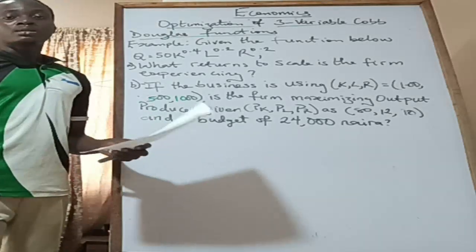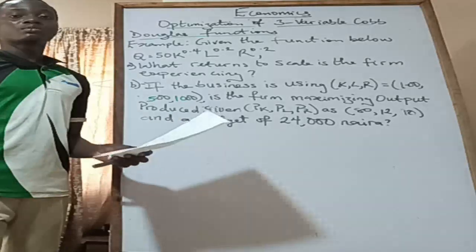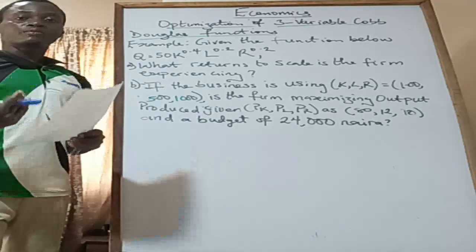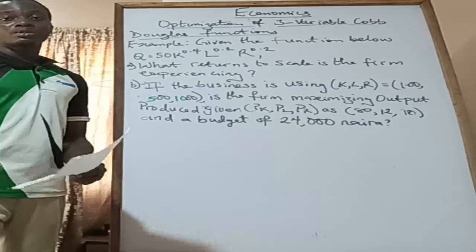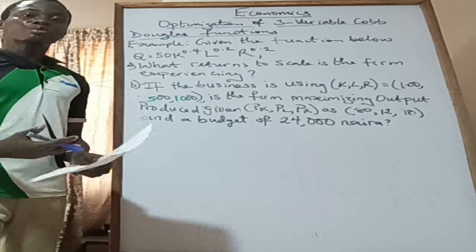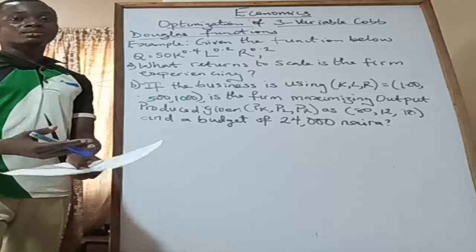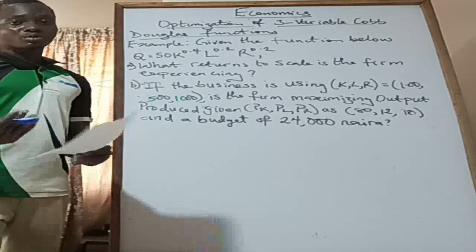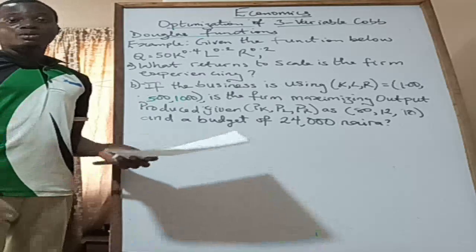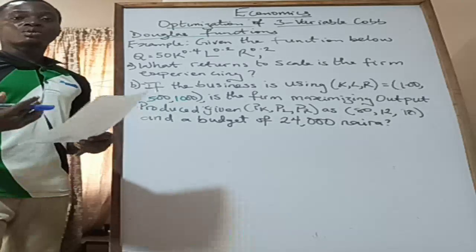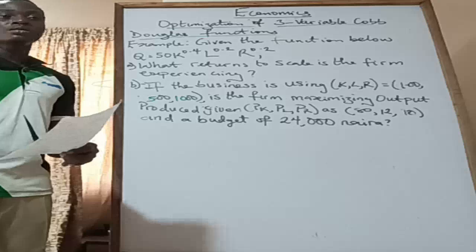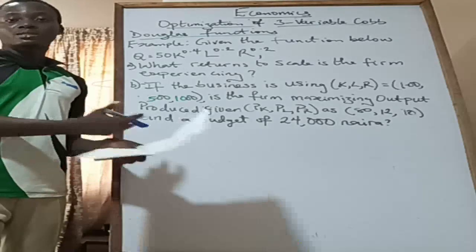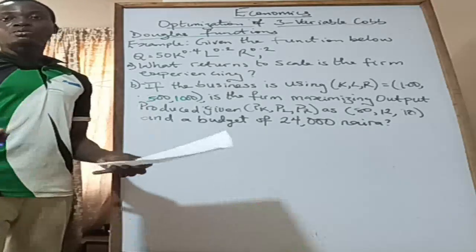Now the other way around is decreasing returns to scale, where you increase all of your inputs at a particular rate, let's say 20%, and your output only grows by 5%, so you're experiencing decreasing returns to scale. Now, what then is constant returns to scale? This is saying that when all of the inputs are changed by a particular percentage, and the output changes by the same percentage, then there's constant returns to scale.